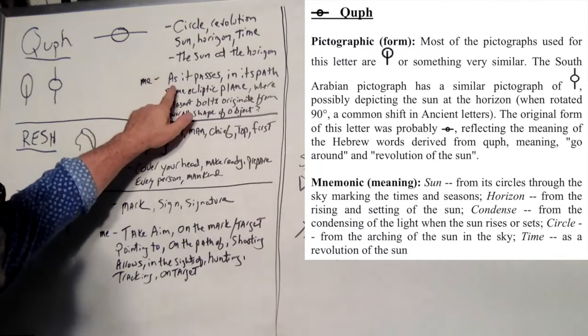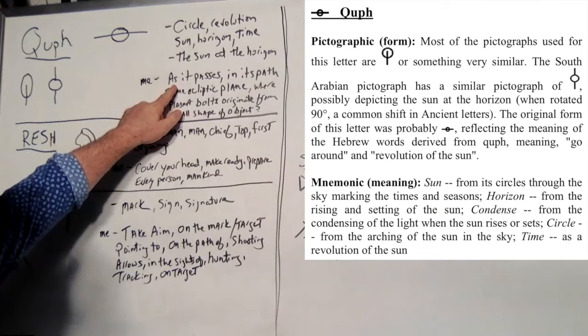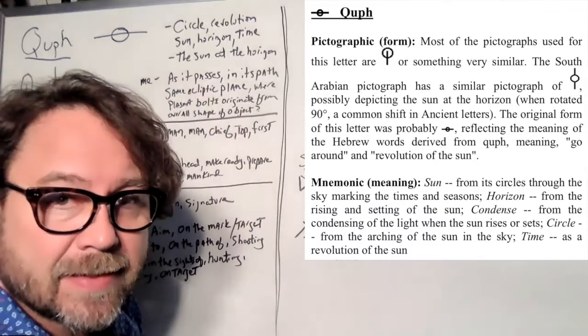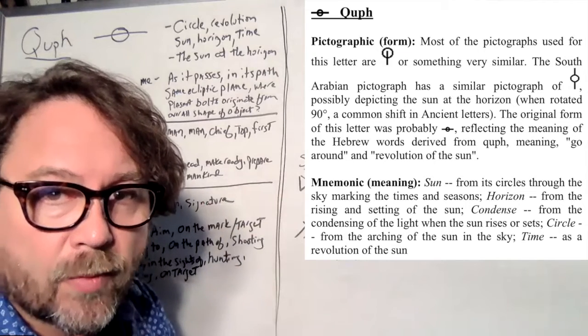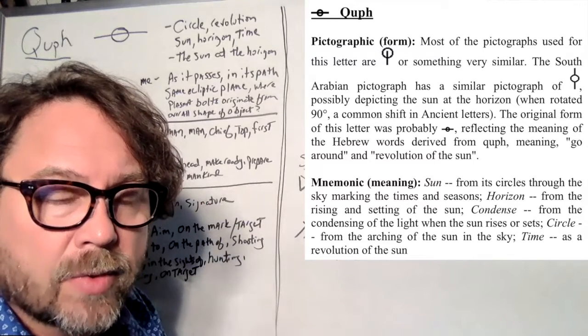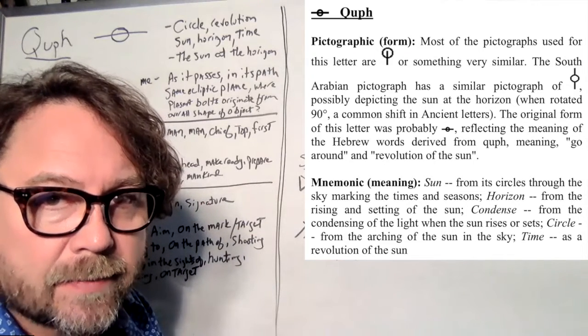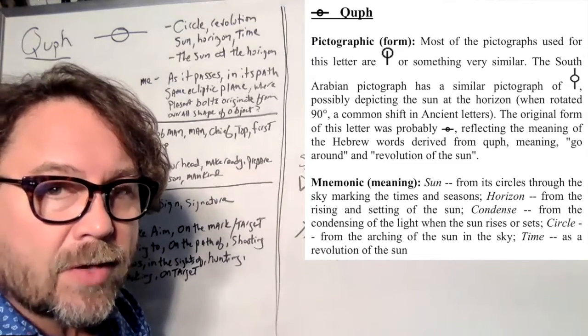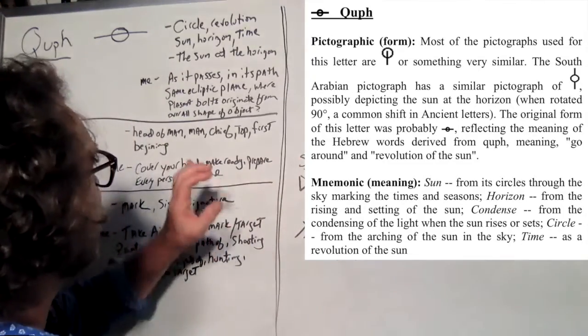Now, I also added on this one, as it passes. Okay, because remember, we're looking at it through the ancient Hebrews' eyes. Okay, they had just experienced all the flood stuff and everything.